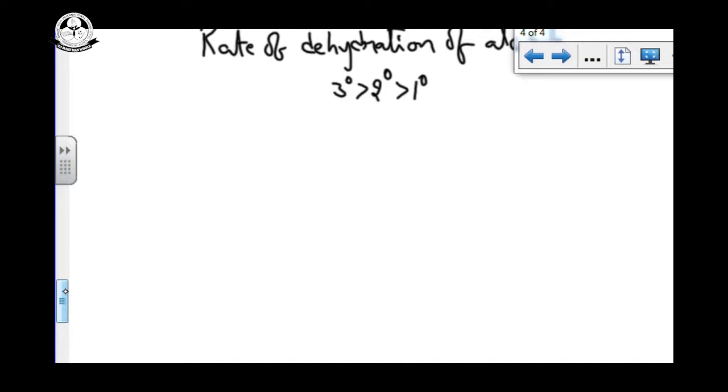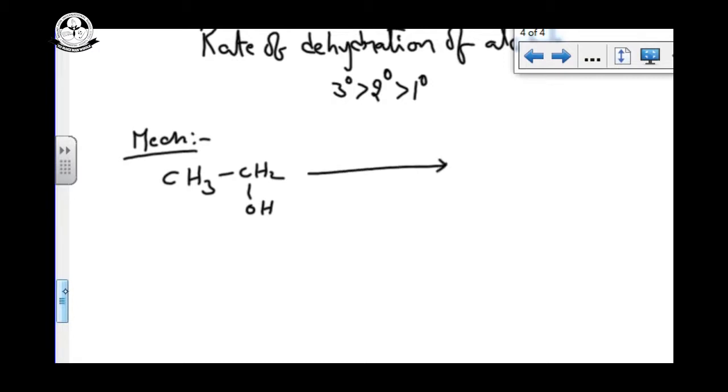We can get clarity about this in the mechanism for the dehydration of alcohols. Taking one simple alcohol, ethanol, adding concentrated sulfuric acid, and heating. Sulfuric acid I am writing as HO-SO3-H. It releases H plus ions.